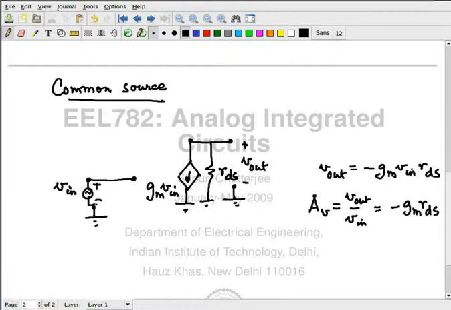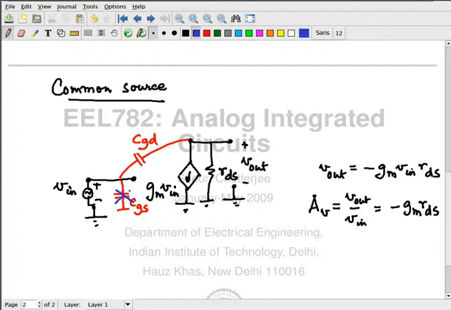Gate to drain, then gate to source. Is the gate to source capacitance relevant at all? You have a voltage source in parallel with a capacitor. There is no effect. So this is not relevant.